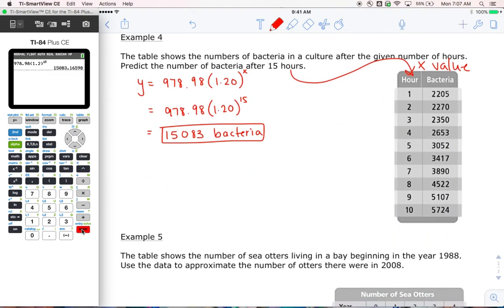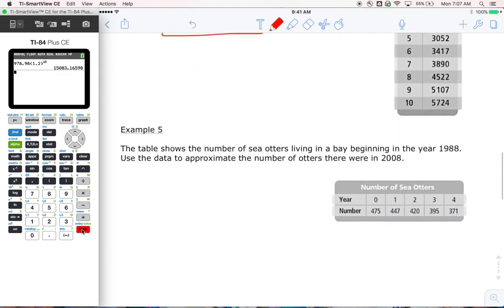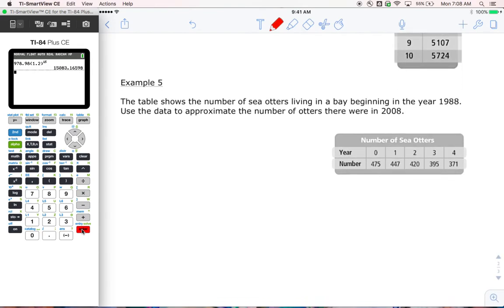All right, problem 5, last one. The table shows the number of sea otters living in a bay beginning in the year 1988, right? So that might be important to notice. The year 0 is 1988. Use the data to approximate the number of otters there were in 2008. All right, so we're going to go to STAT, EDIT again. This list is much shorter, which is great. Here we go.